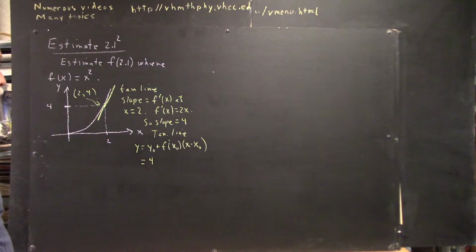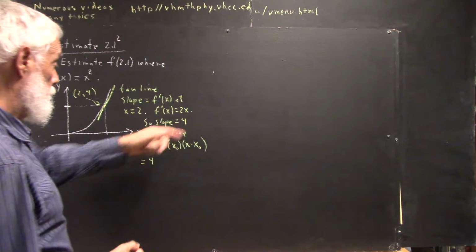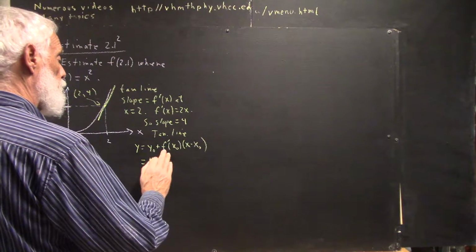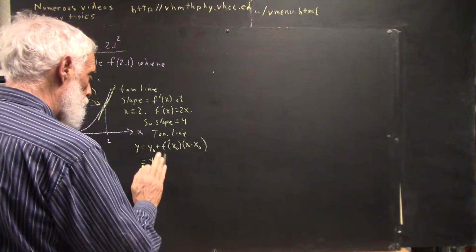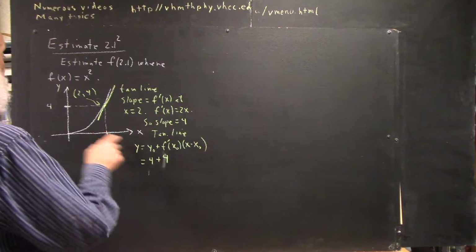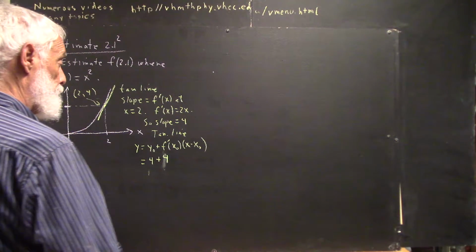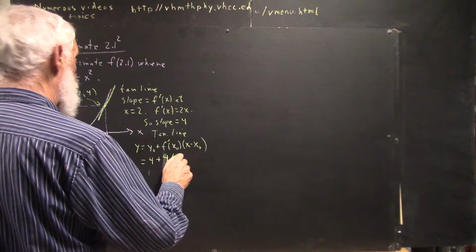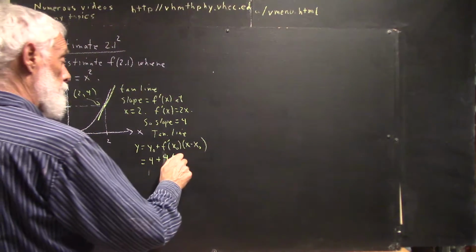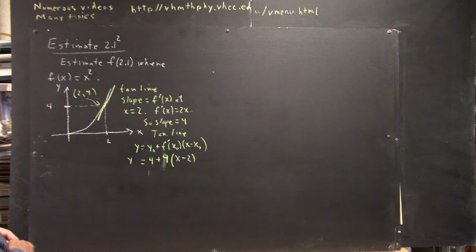So y naught is 4. F prime of x naught is just what we calculated here: it's the slope. I probably should have picked a different value so I wouldn't be using 4 twice, so keep track of what 4 means. This 4 means the original value of y. This 4 stands for the slope of the tangent line. And then that's times x minus x naught. X naught is 2. Right there is the equation of the tangent line.